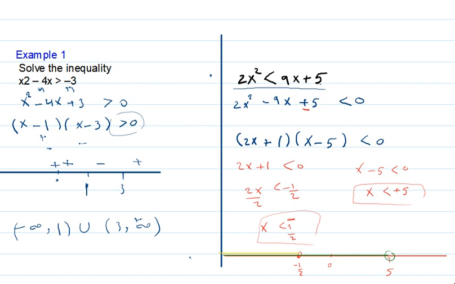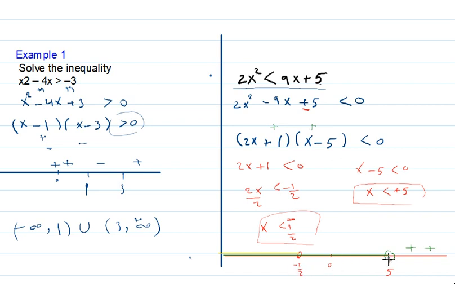So let's check the signs. We will take a number over 5, which is 6, for example. 6 multiplied by 2 is 12, plus 1 is positive, and 6 minus 5 is positive. Is positive less than 0? No, so it's not a solution.